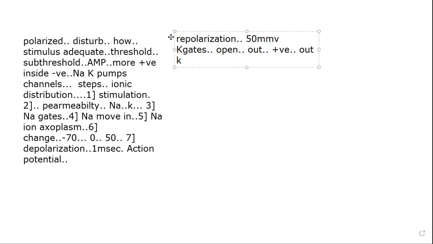This potassium moves out, and the process to maintain the initial polarized state has started. This process is said to be repolarization. As the potassium starts to move out, eventually the cell becomes less positive inside as compared to outside.